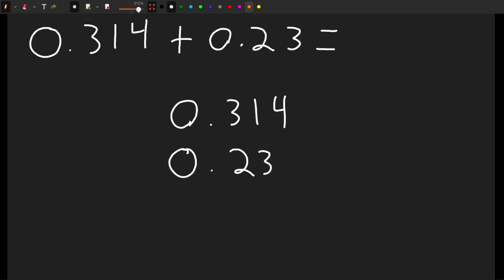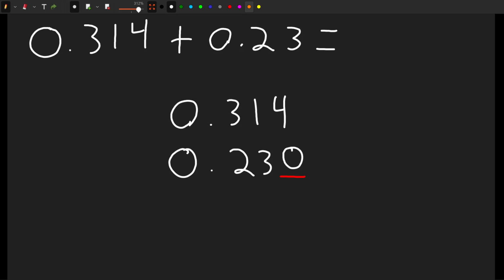Now, 0.23, since it's a decimal and it has no thousandths place here, I can simply add a 0. I'm going to say that, well, it has 0 of these. However, I need to be able to add 4 to something.